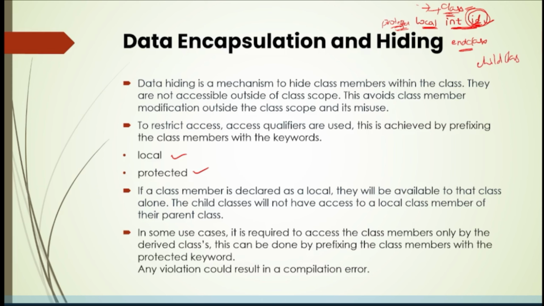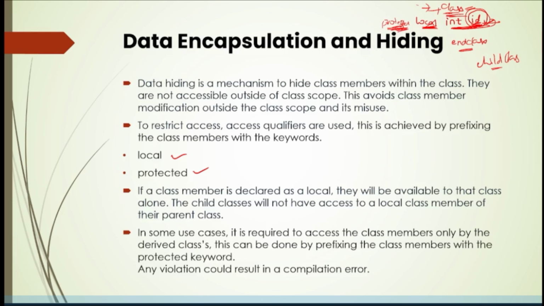Now if you are using a local keyword, the child class also can't access this particular id. But if you are using a protected keyword, then the child class can access the properties. Apart from the parent and child class, nothing else can access the variable when you are using a protected keyword. Got my point? Have you got the difference between local and protected?